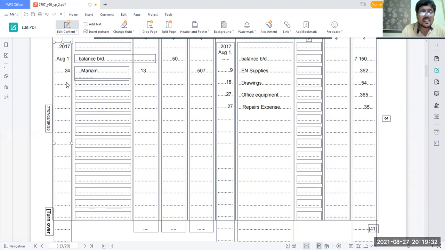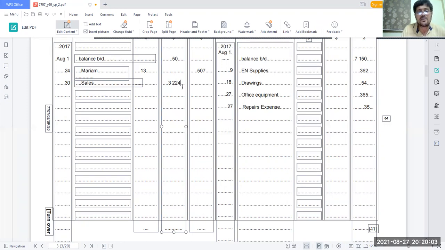30. We received cash. Reason is sales and the amount is 3,224. Okay. On 31st paid all the remaining cash into the bank except 100. So total cash we have is 3224 plus 50, 3274 minus 100.